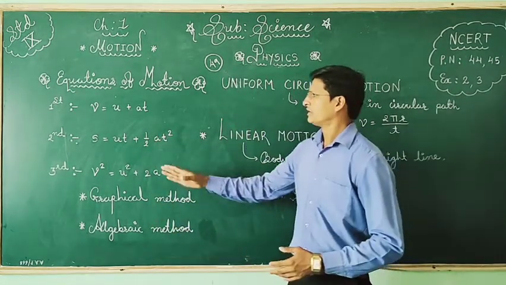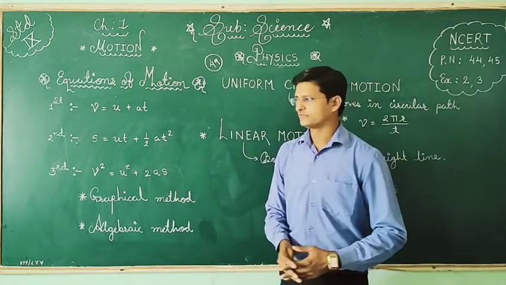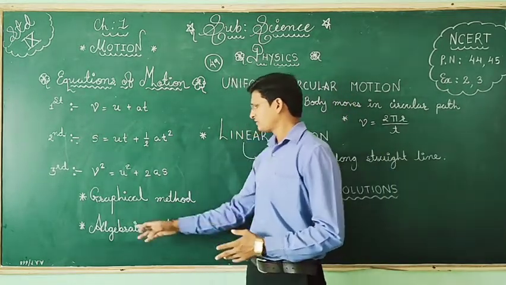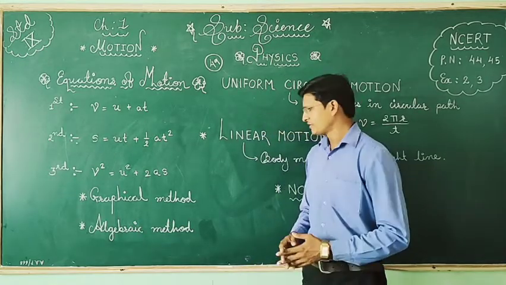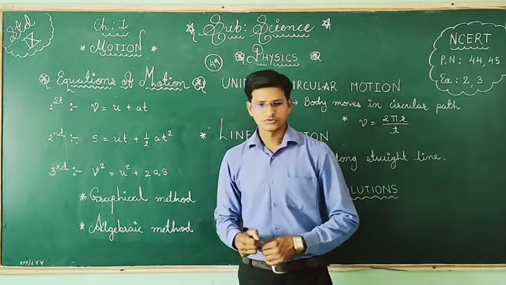Here I am once again revising the three equations of motion with the help of the graphical method and the algebraic method. In the graphical method, a graph is required.